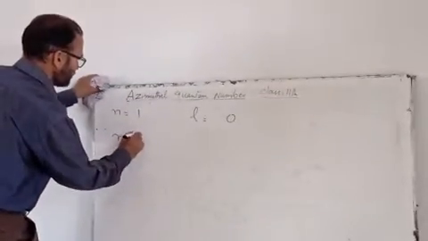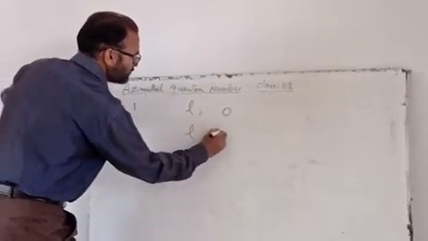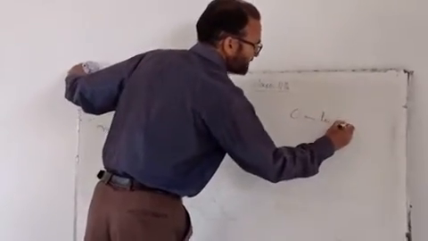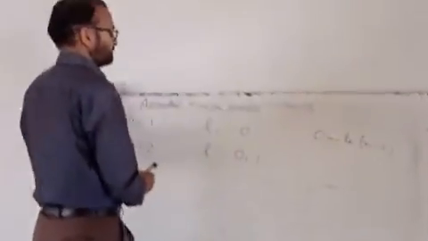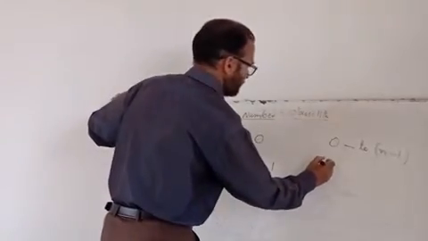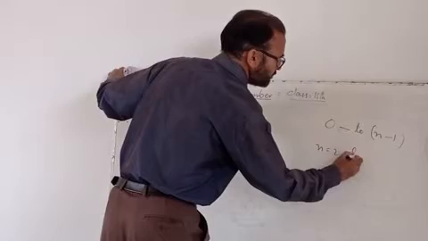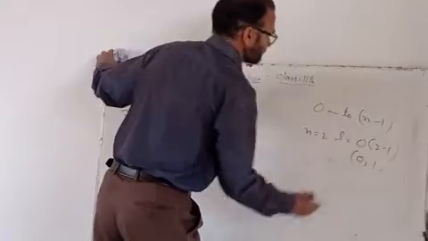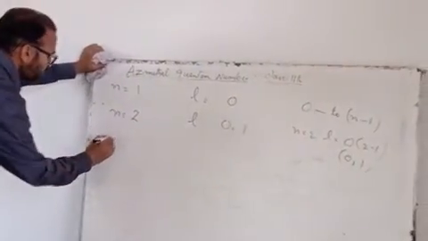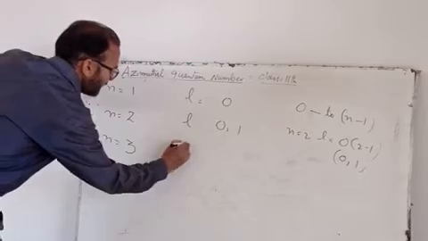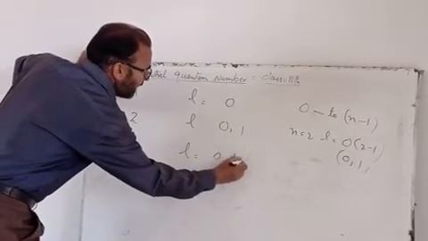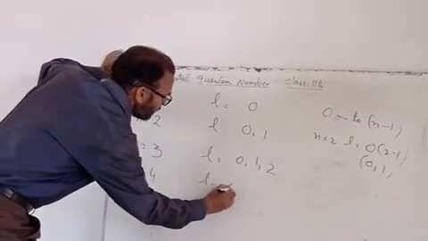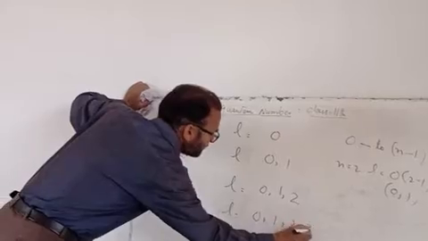If n is equal to 2, L can have values 0 and 1, because it is 0 to n minus 1, that is 0 and 1. If n is equal to 3, L can have values 0, 1 and 2. If n is equal to 4, L is equal to 0, 1, 2 and 3.